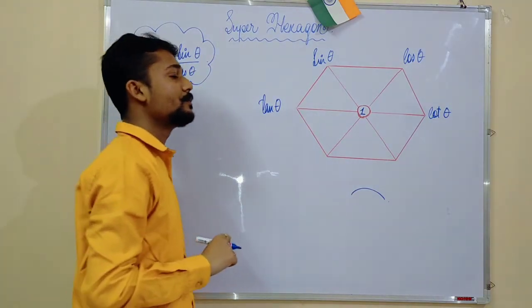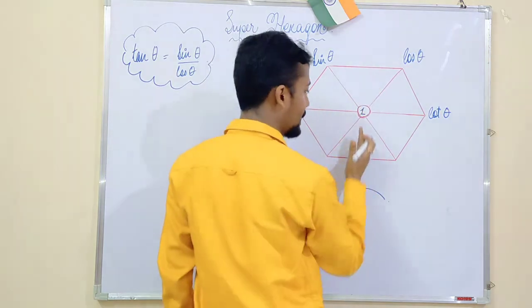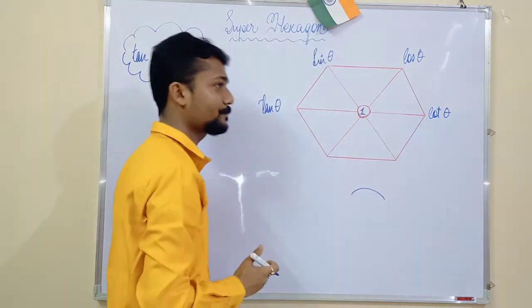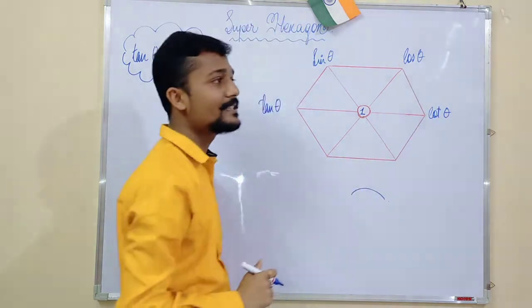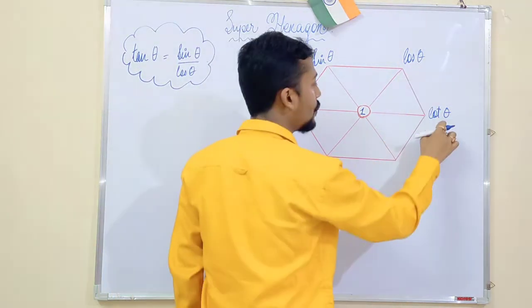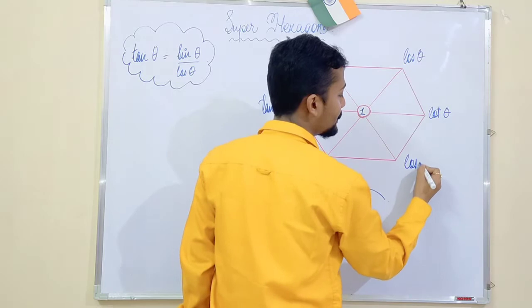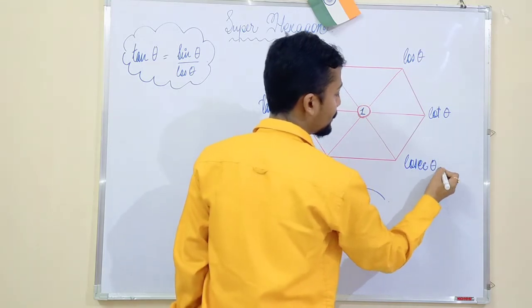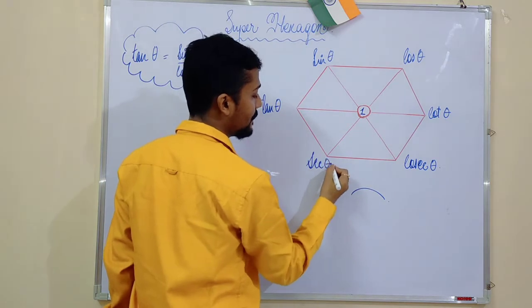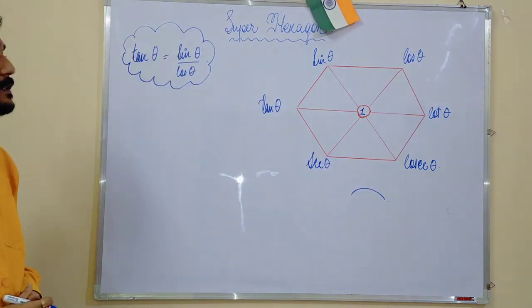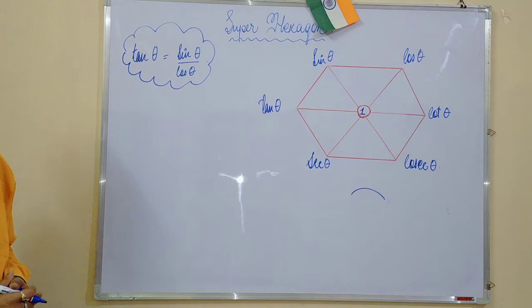One more thing you need to remember is that on the right hand side of the hexagon we always place the ratios related to C. That means cos, cot, and here it will be cosec. What is left? Sec theta. We will place it here. Till this much it is clear?